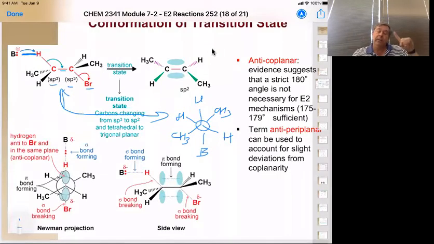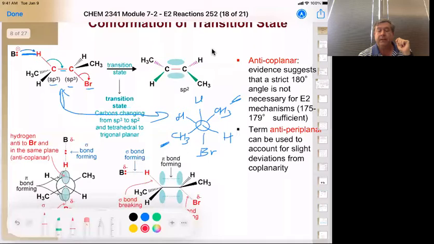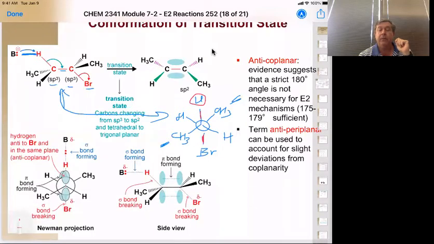Now, two things to note here. Why is this the preferred configuration? Well, the methyl groups are opposite each other, anti to each other, so that's a favorable way for it to happen. But the other thing is that the hydrogen is now anti to our leaving group.